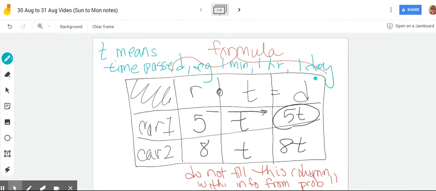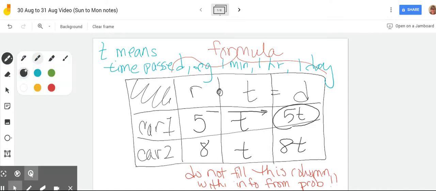Time means time passed, not the time of day. Do not use times of day for time. If it says 12 o'clock, don't put 12 o'clock. That is the mark of a time, but it is not time passed. Those are the most important things about this. Let's take a look at the first problem.